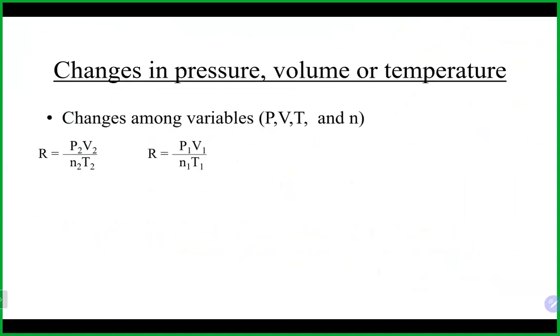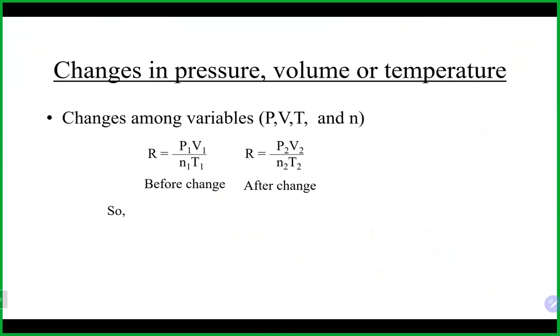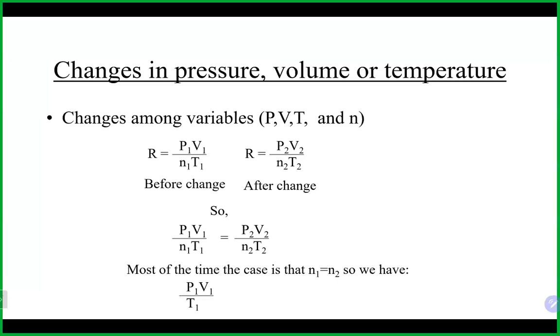One last little gas law here to look at. This is one that involves changes in pressure, volume, and temperature. If we take the ideal gas law and solve it for R, which is a constant, we can set it equal to each other, and we get what is sometimes referred to as the combined gas law.